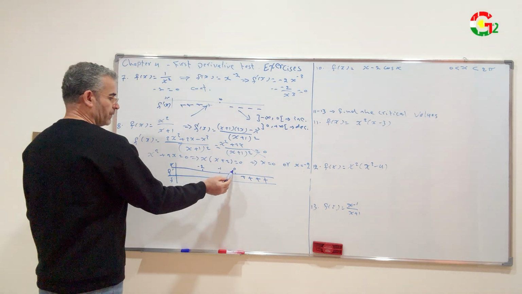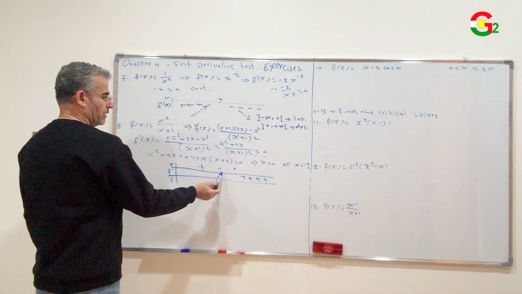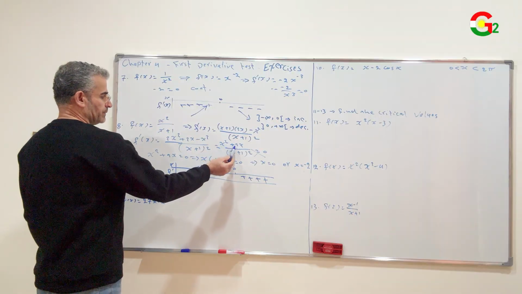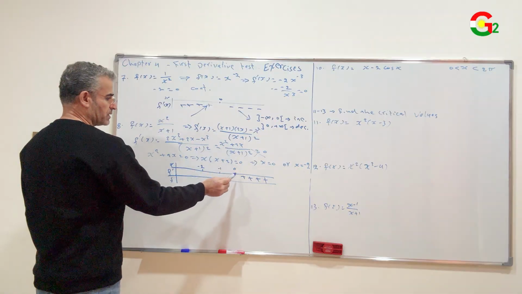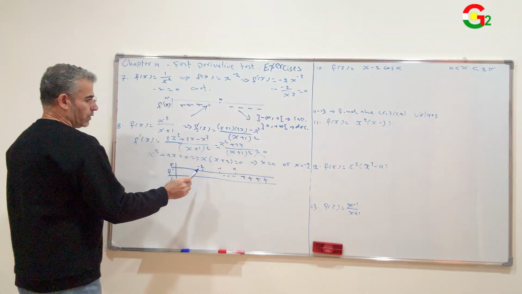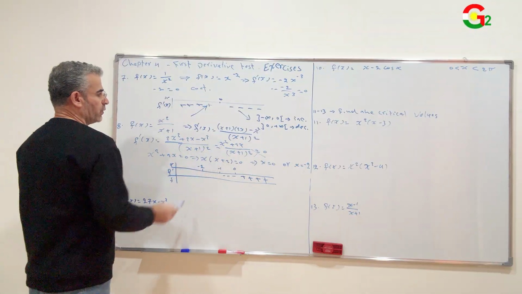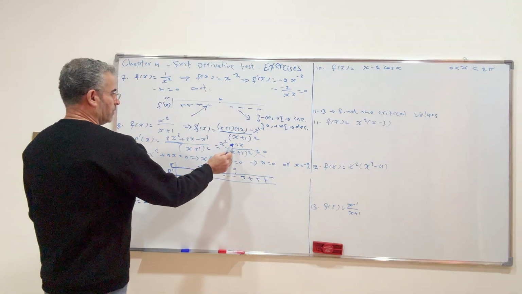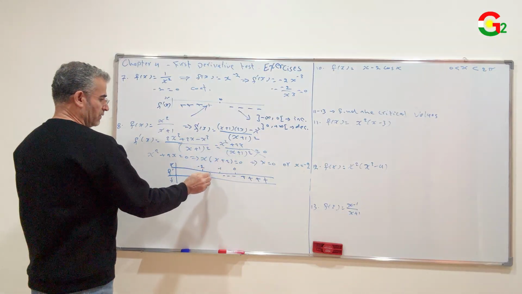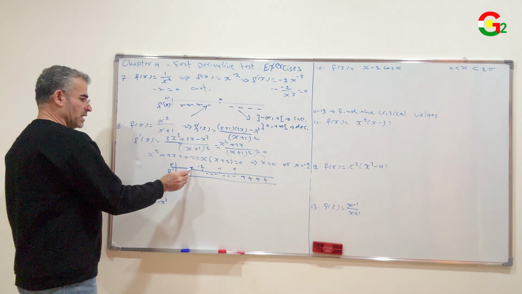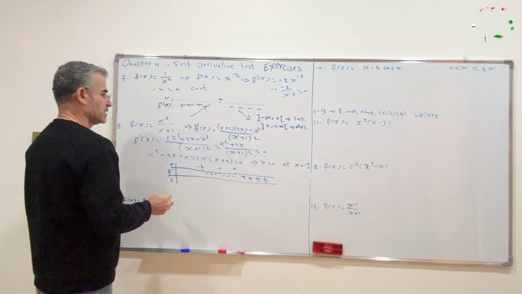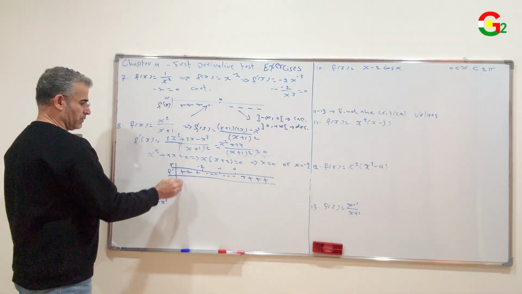Between negative 1 and 0, negative half squared is a quarter, minus 1, it is a negative value over a positive value, negative. Between negative 2 and negative 1, negative 3 over 2 squared is 9 over 4, minus 3, it is a negative value, negative over positive is negative. When x is less than negative 2, negative 3 squared is 9, 9 minus 6, a positive value over a positive value is positive.